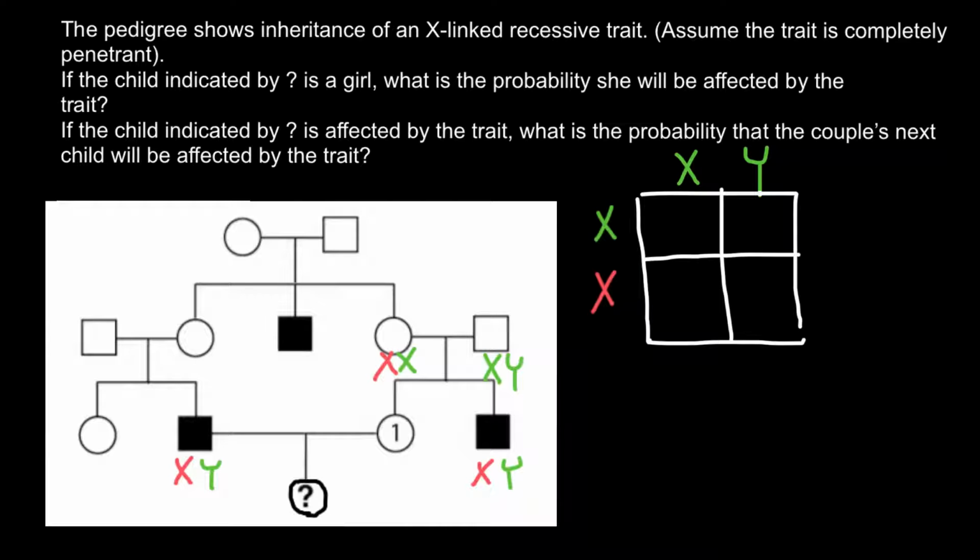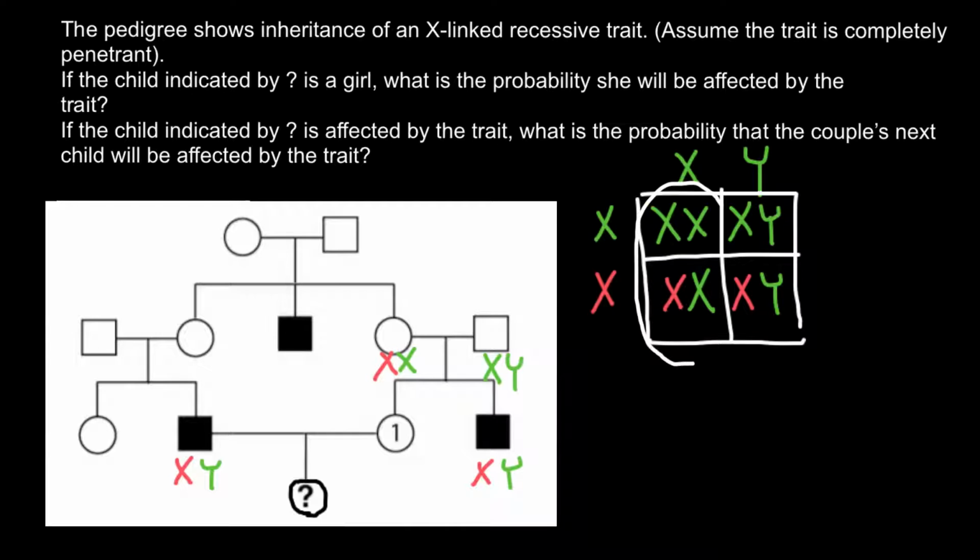Here we would have one normal X chromosome from the mother side and one normal X chromosome from the father side. Here, one normal X from the mother side and a normal Y from the father side. Here, a defective X from the mother side and a normal X from the father side. And here, a defective X from the mother side and a normal Y from the father side.